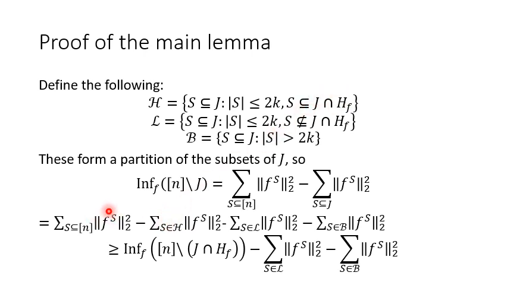But then this expression minus this expression will just be equal to this influence. So let's just say that this is a lower bound to this expression. So now we have this expression.